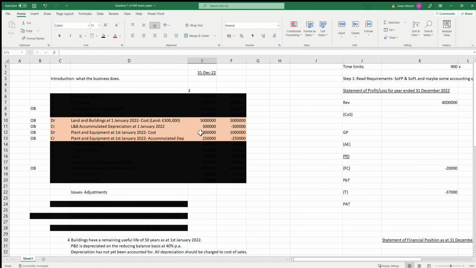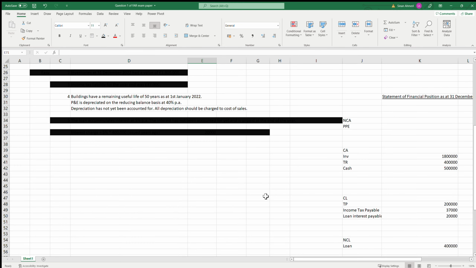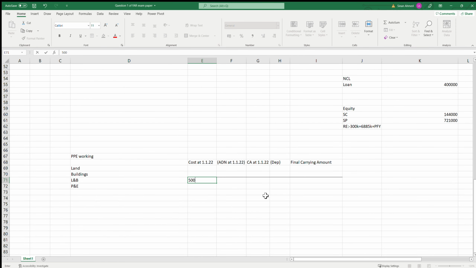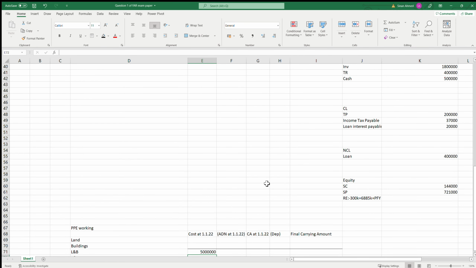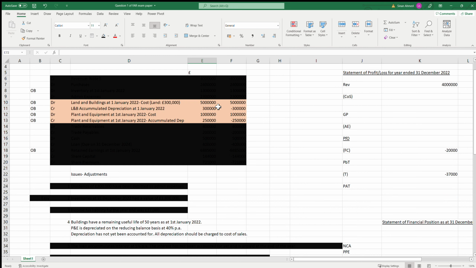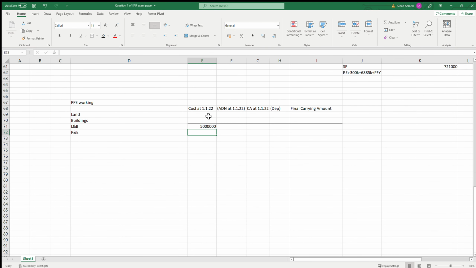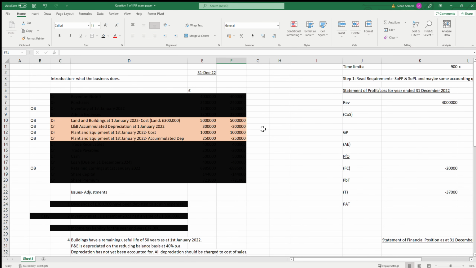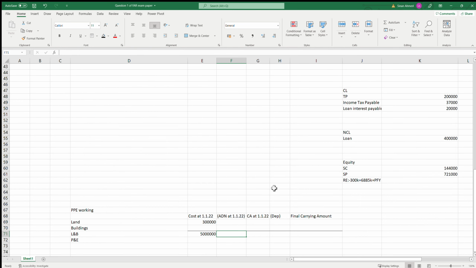So land and buildings, cost was 5 million, and our land had a value of 300,000. Okay, so our land I'm going to put here. Okay, next we're told that the total depreciation was 300k, so I'm going to put the 300k here.